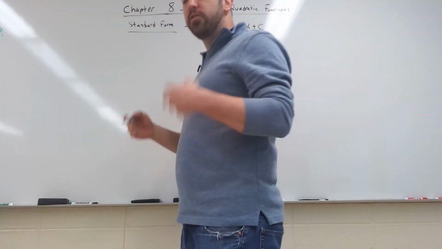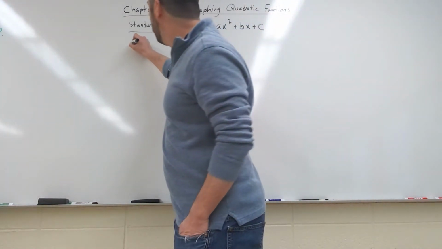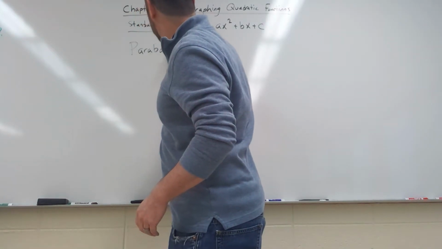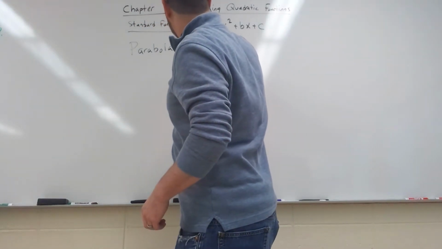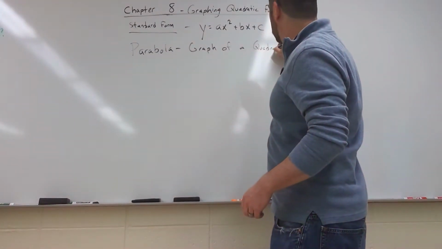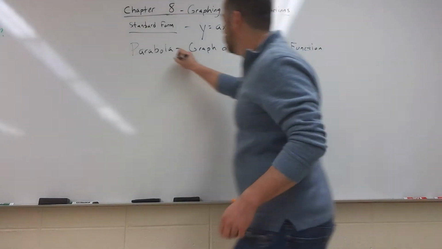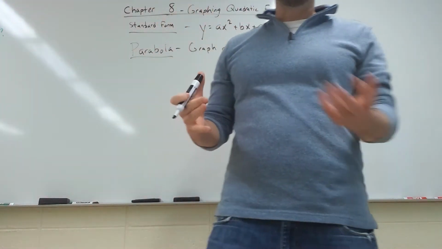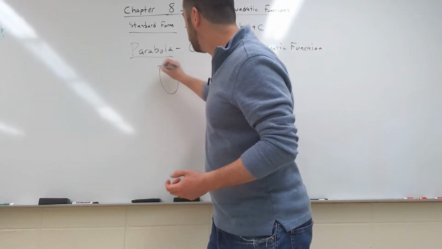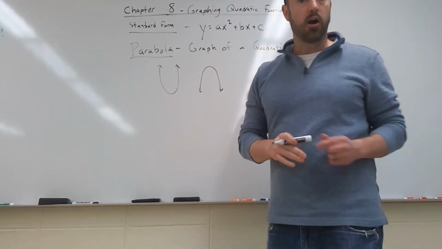Now, the graph of a quadratic function is what's called a parabola. And the shape of a parabola is going to look like a U or an upside down U. All right?